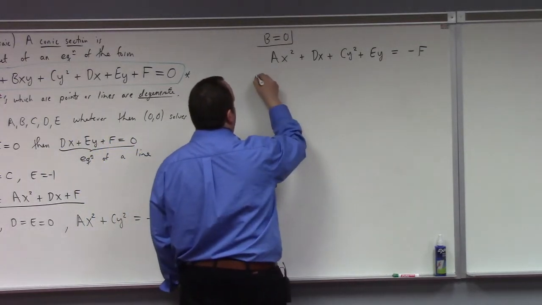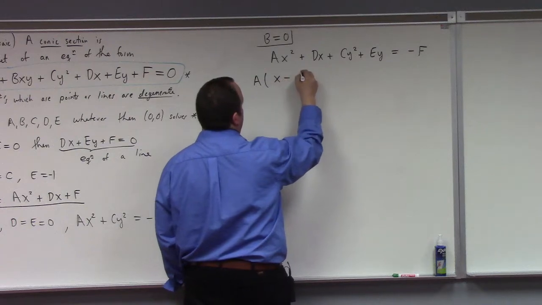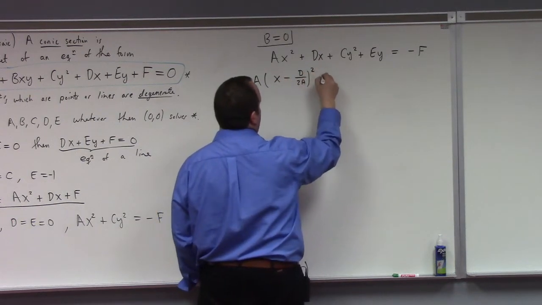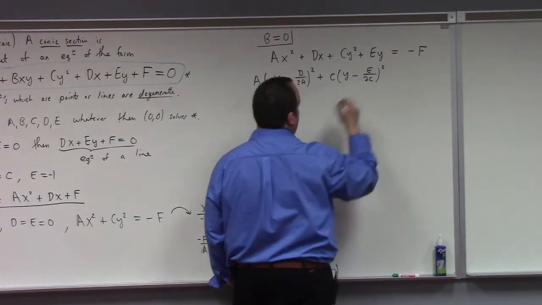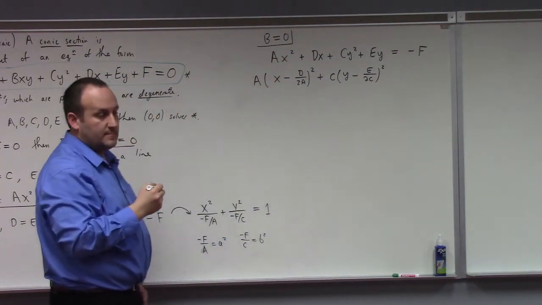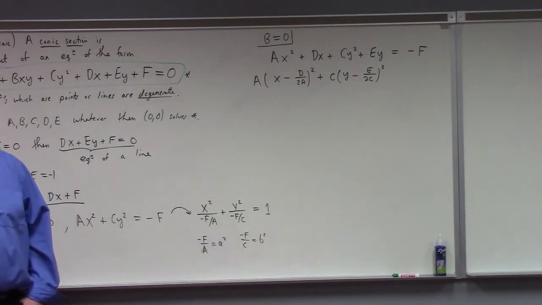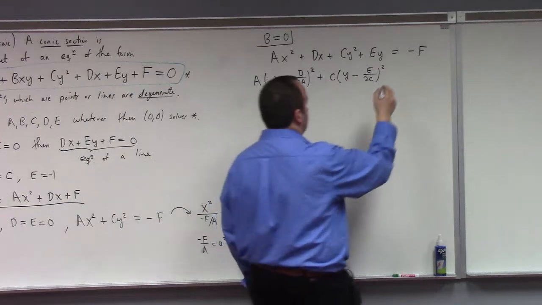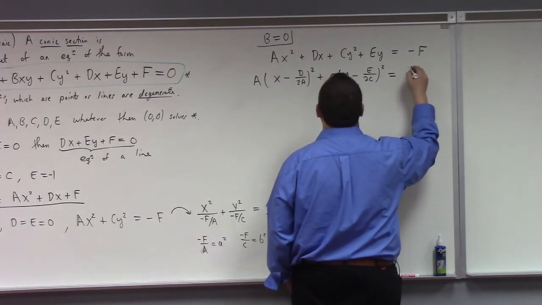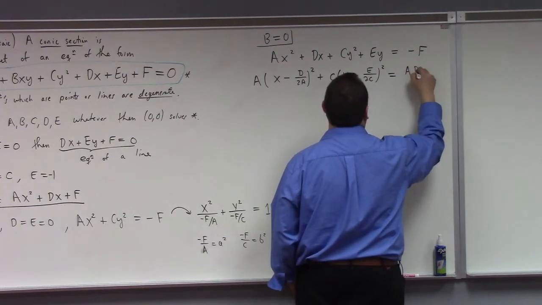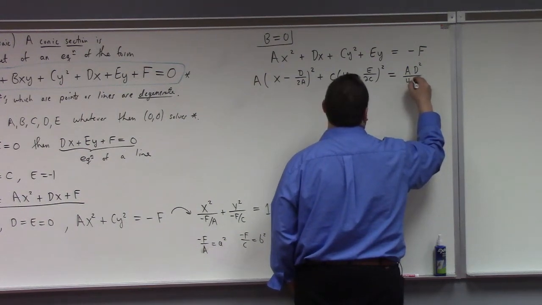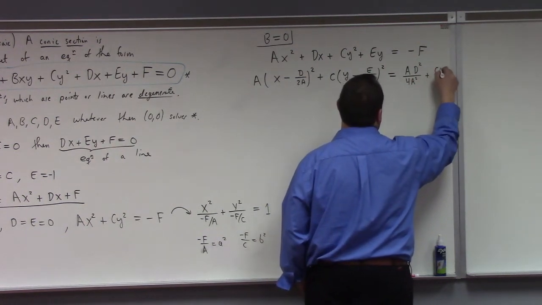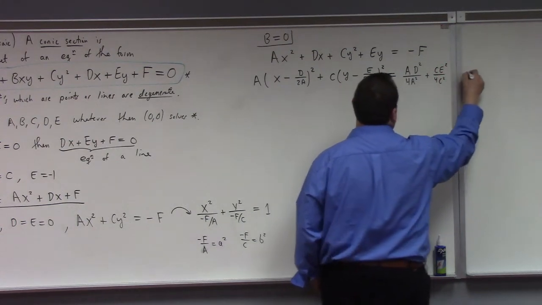But what I'd have here is a times x minus d over 2a, squared, plus c times y minus e over 2c, squared, completing the square in x and completing the square in y, equals something horrible: a d squared over 4a squared, plus c e squared over 4c squared, all minus f. Great.